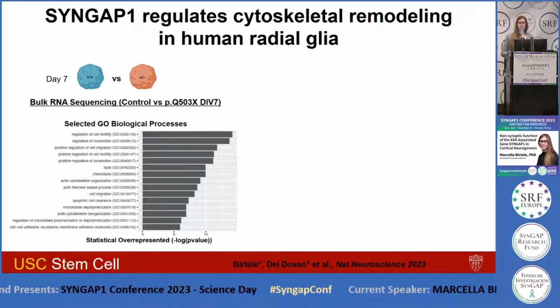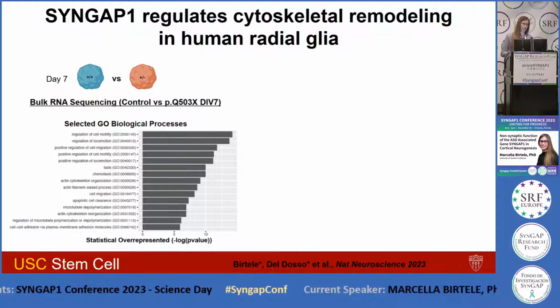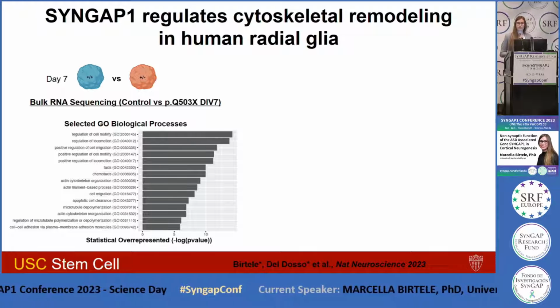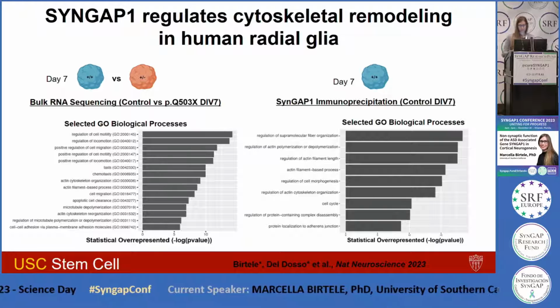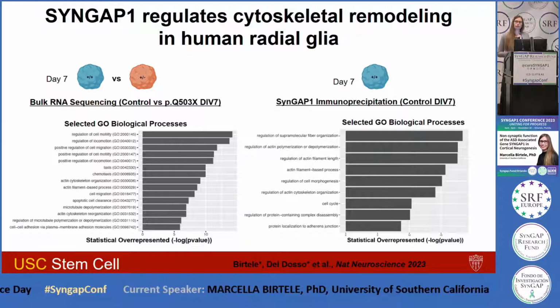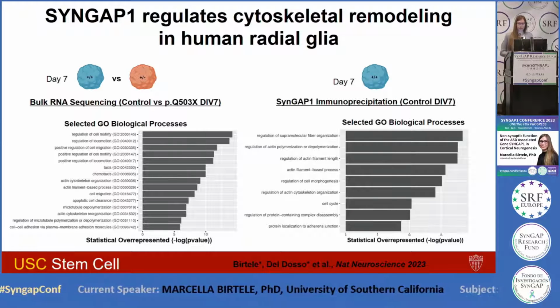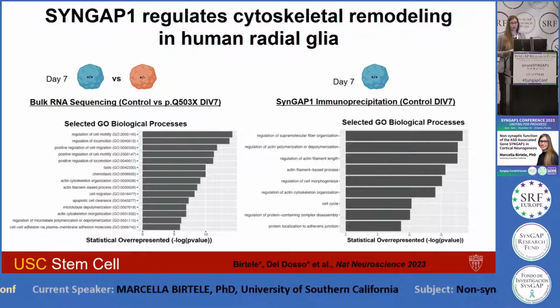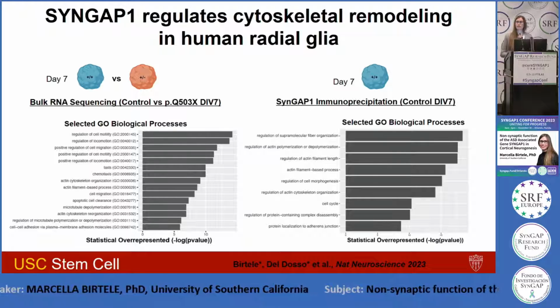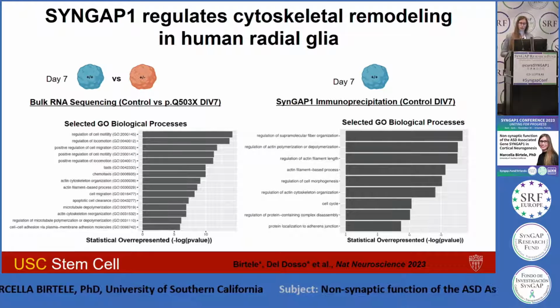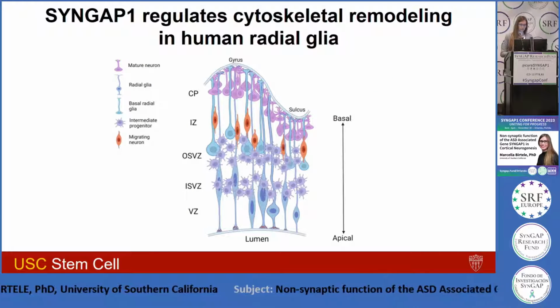And what we saw from bulk RNA sequencing was that mainly the differentially expressed terms were related to cytoskeletal function. And also, when looking at the interactors of SYNGAP, most of the proteins that are interacting with SYNGAP in radial glia cells are related to cytoskeletal remodeling.